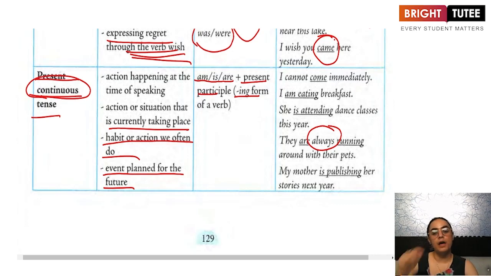Or my brother is writing a book. My mother is publishing her stories next year. My father is buying a car next month. So, some event that you have planned for the future, we use the present continuous tense.